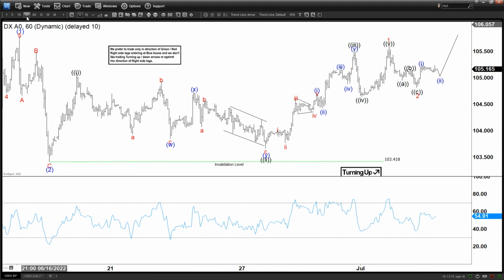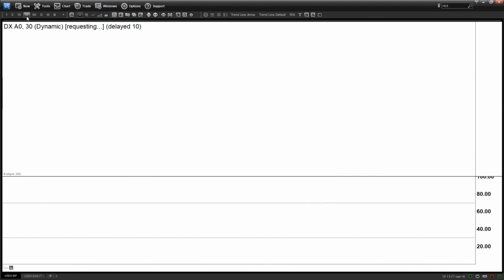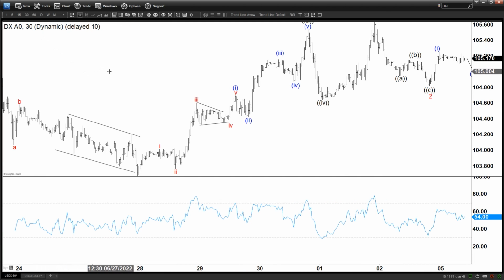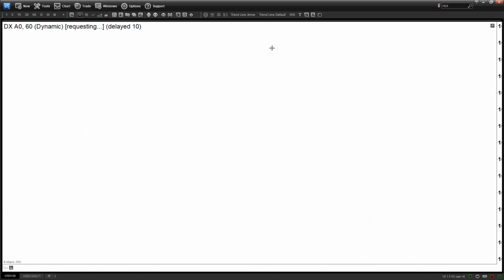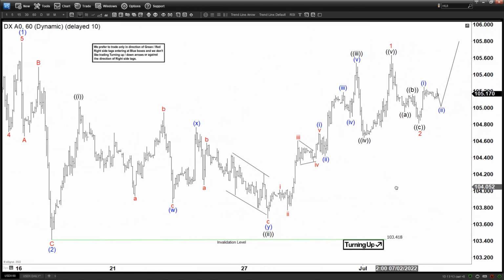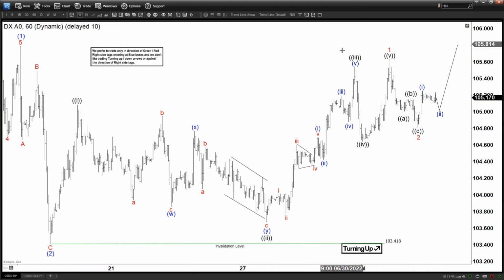Let's downgrade to, let's say, 30 minutes or 15 minutes over here, and yeah, you do see some kind of a divergence here, right, suggesting that that could be counted as a 5 waves, and therefore, because it can be counted as a 5 waves, that means most likely we're going to continue to extend higher as long as we don't break below 103.41, of course, right? That's number 1.